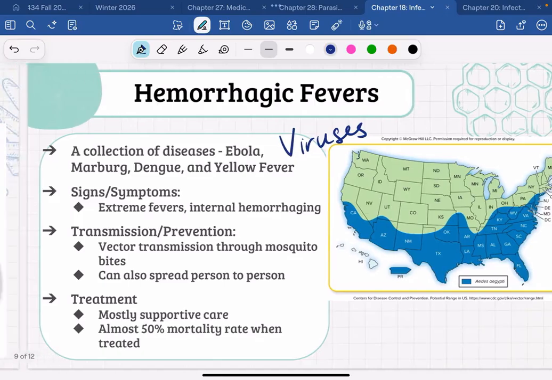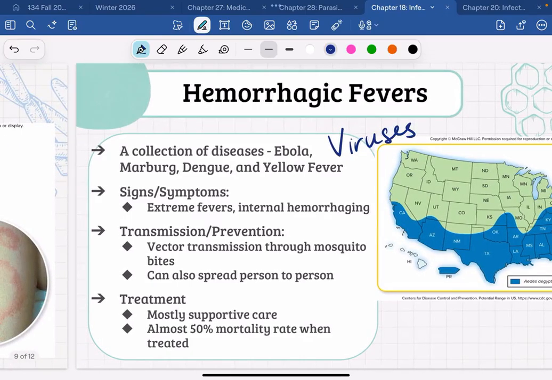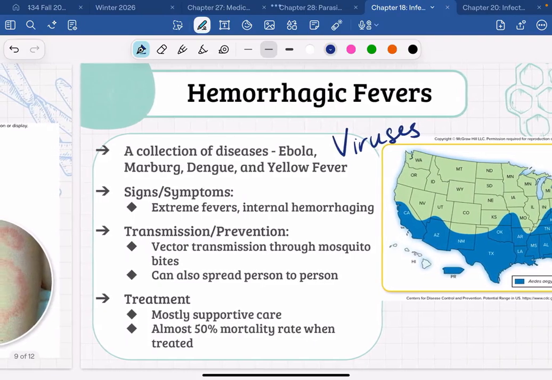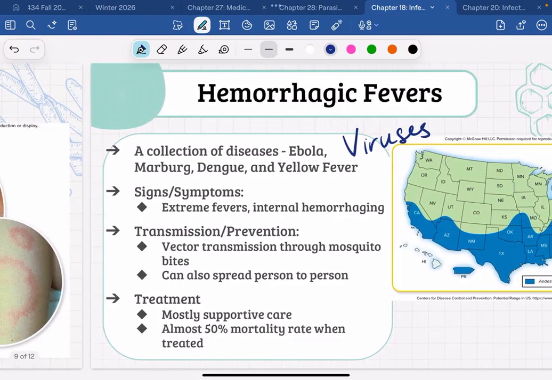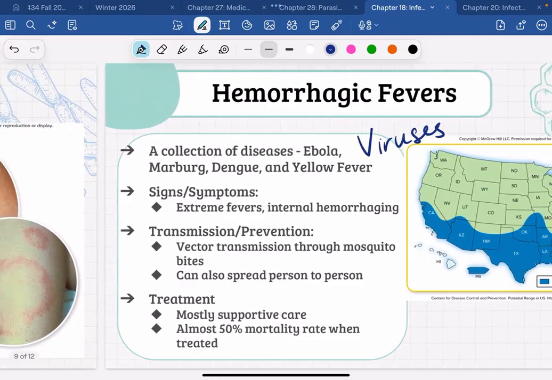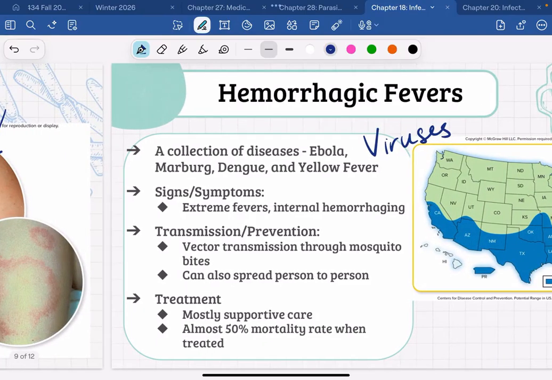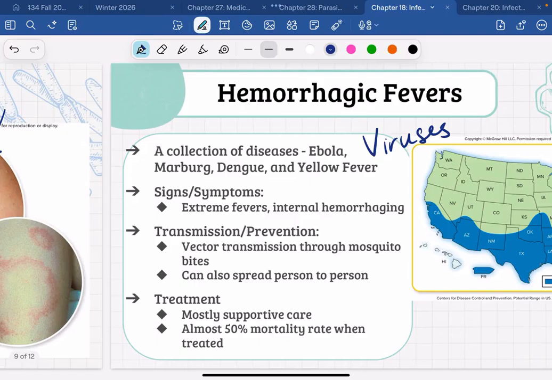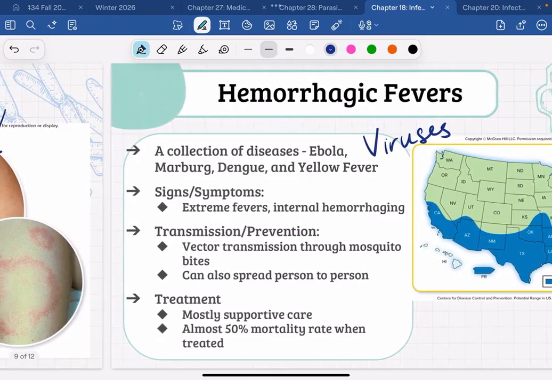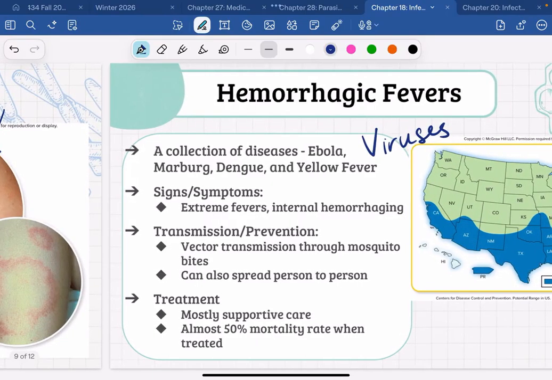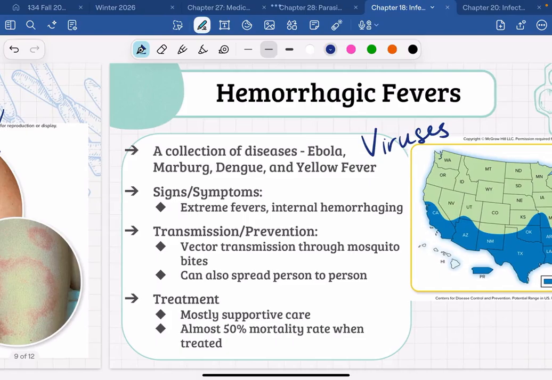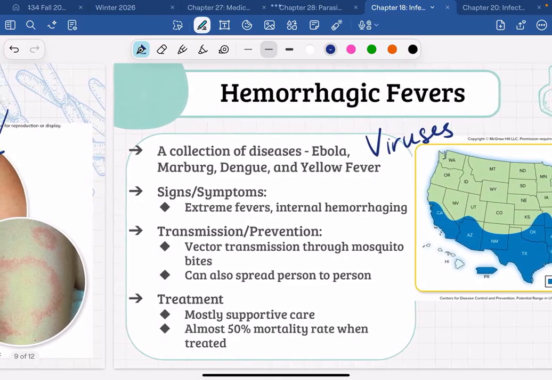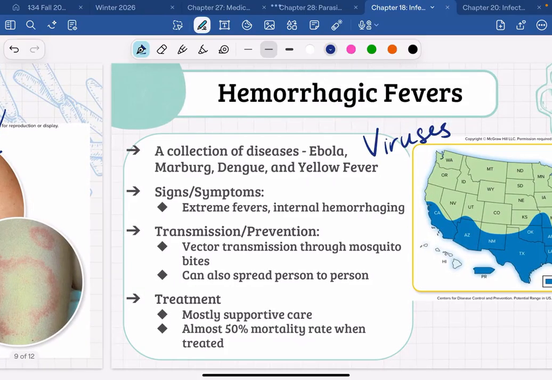Transmission of these is vector transmission through mosquito bites. And it can also spread person to person. If a person has a hemorrhagic fever, they can spread it to somebody else through body fluids, which is really unfortunate because especially with things like Ebola, in the late stages, it's really horrifying to think about, but somebody will have body fluids coming out of every orifice of their body, and they can't control it.